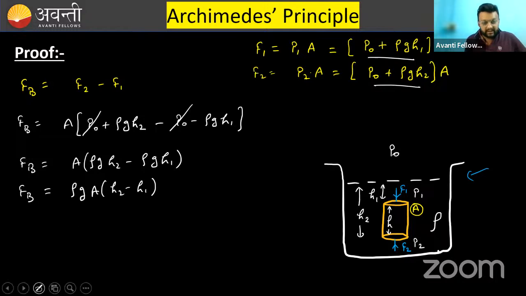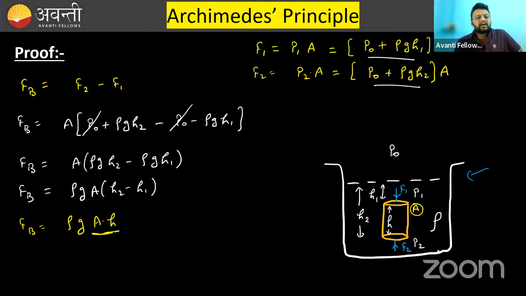Yes, then we can write buoyant force is equal to rho g A into H. This A into H is nothing but the volume of the cylindrical body.